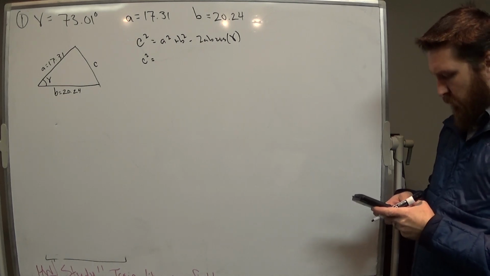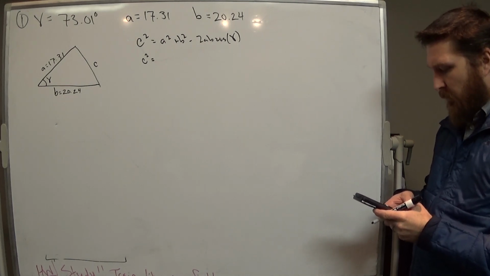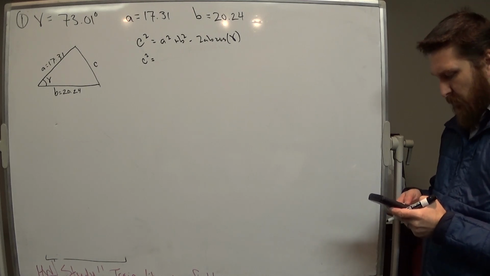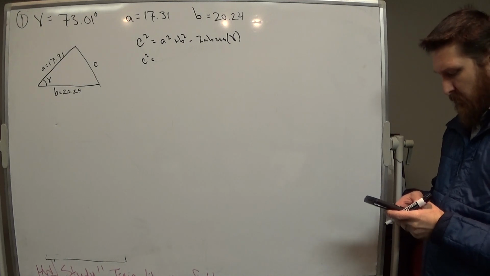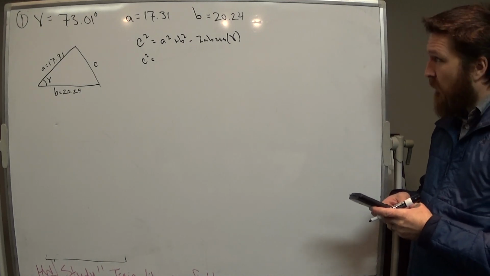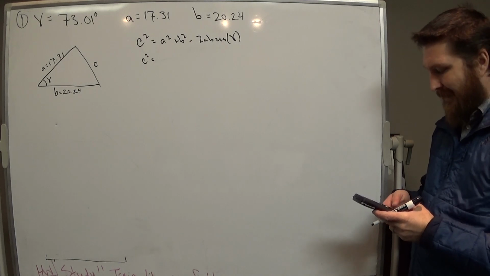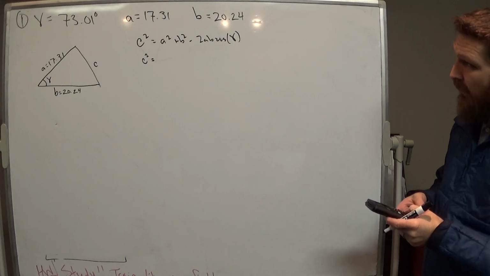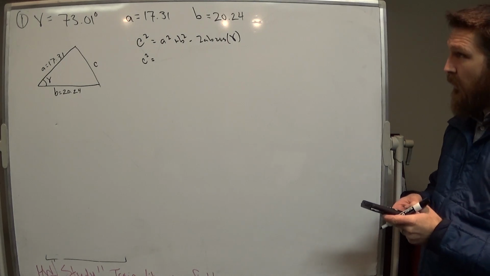Add that to 20.24 squared. Subtract 2 times A is 17.31 times B is 20.24 times cosine gamma is 73.01.